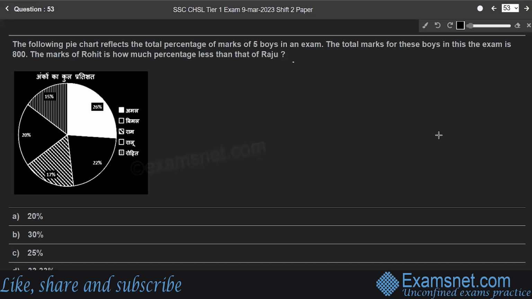Question 53. The following pie chart reflects the total percentage of marks of 5 boys in an exam. The total marks for these boys in this exam is 800. The marks of Rohit is how much percentage less than that of Raju? Here we need to find marks of Rohit and marks of Raju.